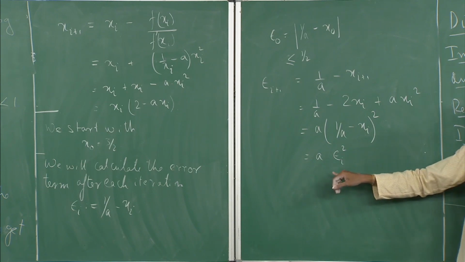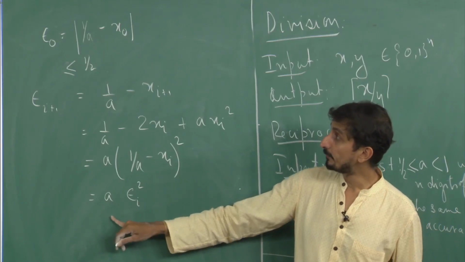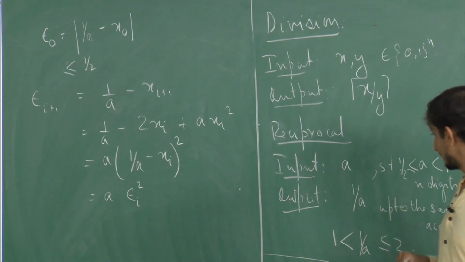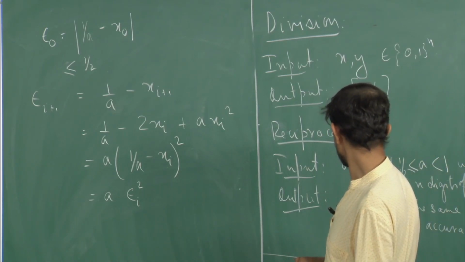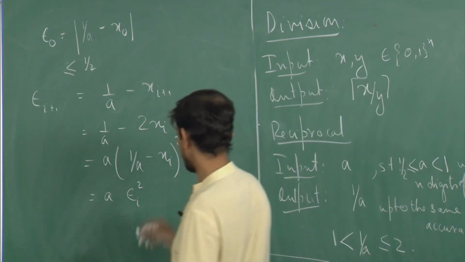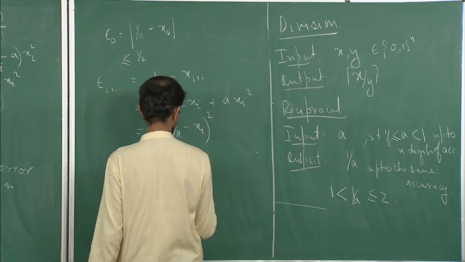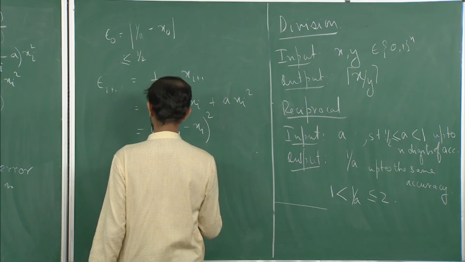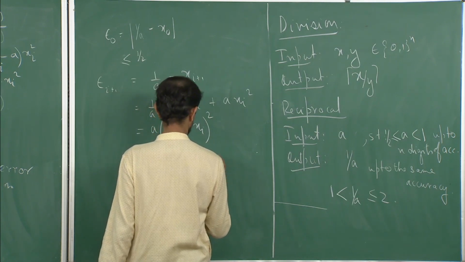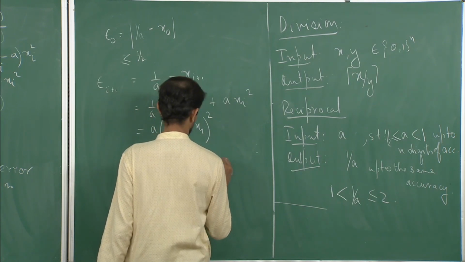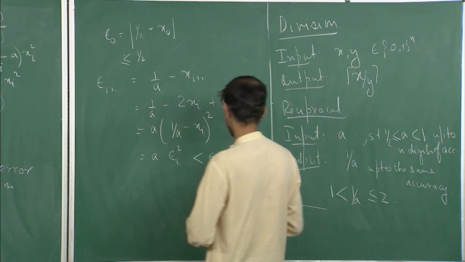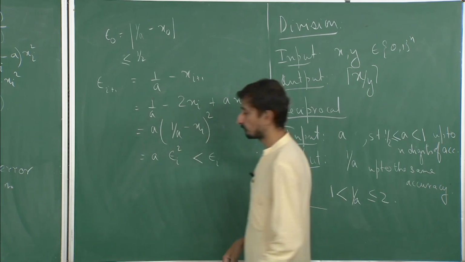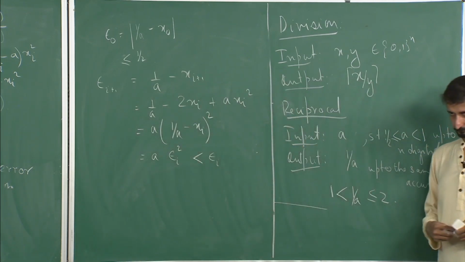Essentially, what do we know about a? We know that a is less than 1. So therefore this quantity is less than epsilon i.